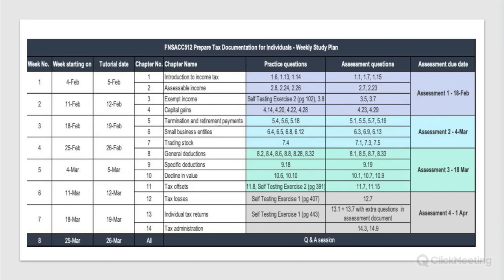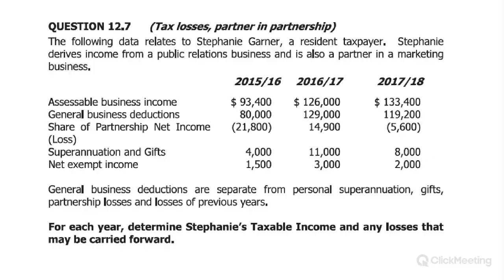And you have been given an example how to calculate those losses recouped. Because you're making income this year, your assessable income is higher than the deductions. The difference, you will be able to take that as a losses recouped. I'll say that again.